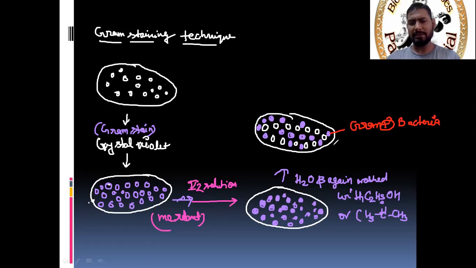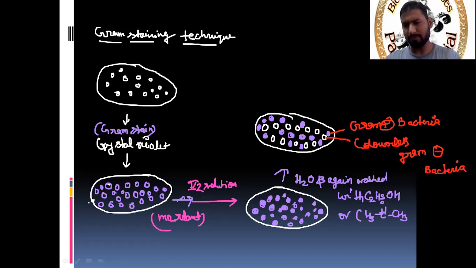While those bacteria which don't have any color, that means simply colorless, are known as gram negative bacteria.